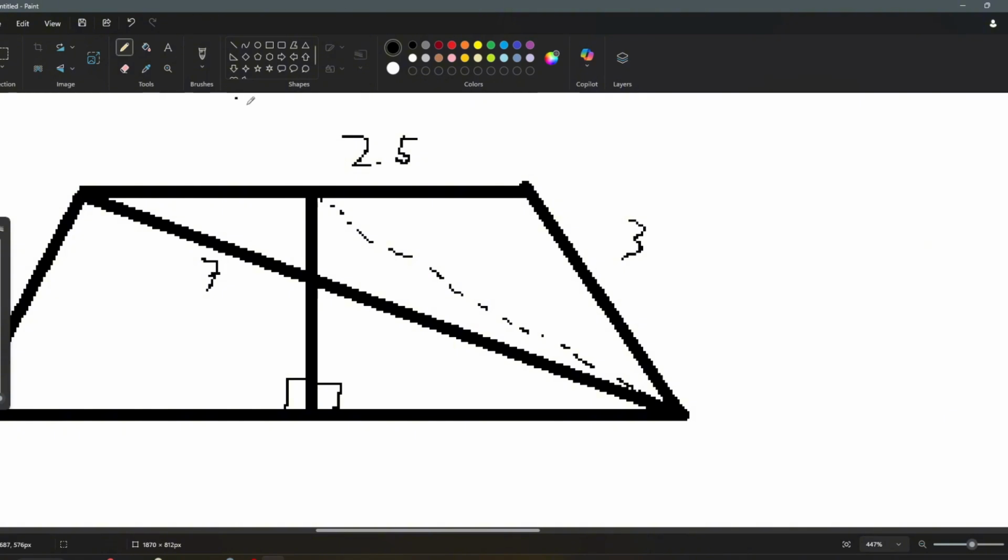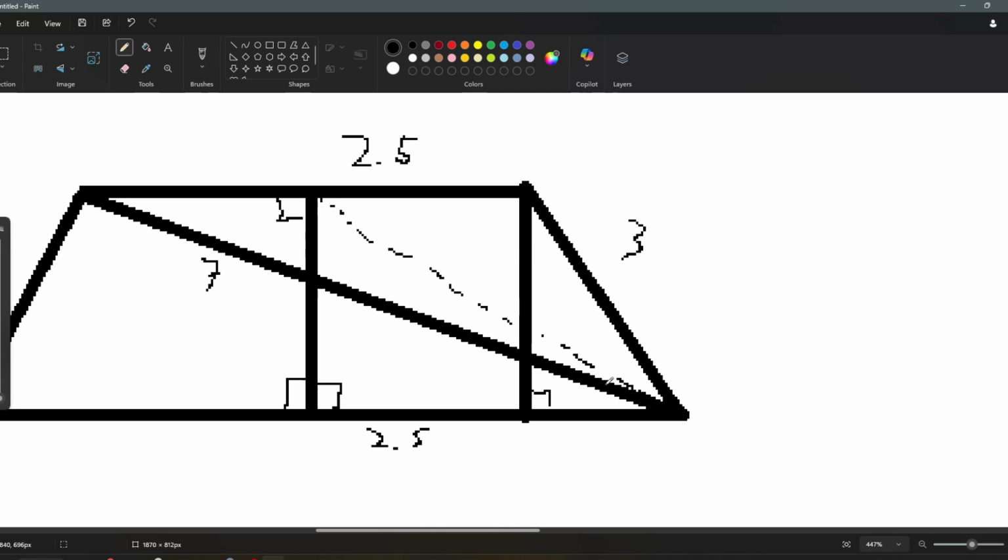What if I were to, so I'm just going to notate, this is a right triangle, and if this is a right triangle, then that would make this 2.5, that would make this 3, that would make this a square, maybe? No, I don't think so. It doesn't have to be a square.